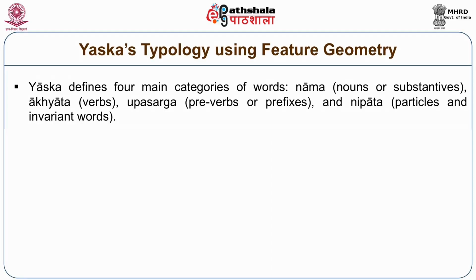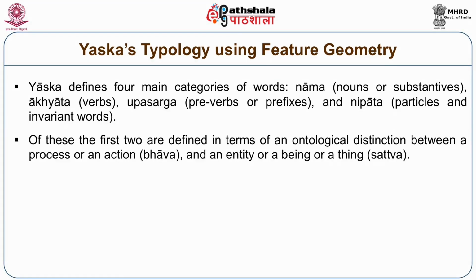So recall that Yaska defined the four main categories of words as nouns, verbs, prefixes, and particles. Remember that the distinction between nouns and verbs is based on an ontological distinction, where a verb in this conception is one in which the notion of an event or a process is predominant, whereas a noun is one in which being an entity or being in a state is predominant.